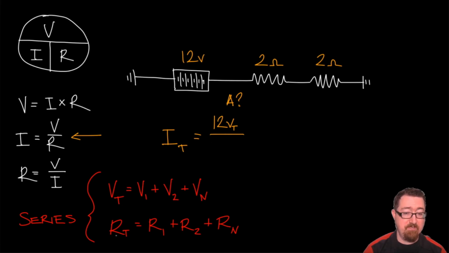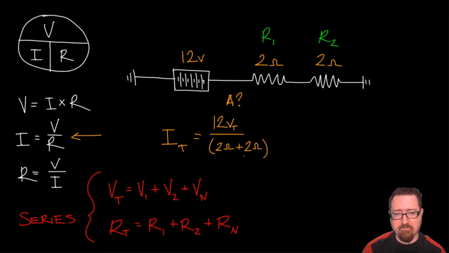And here you can see that our total resistance is R1 plus R2 plus R3. So this one here, let me get a different color quick. So this is our R1, this is our R2. Okay, so if I come in here, I could in theory put in parentheses R1 plus R2. Alright, and then we would just end up solving the formula.